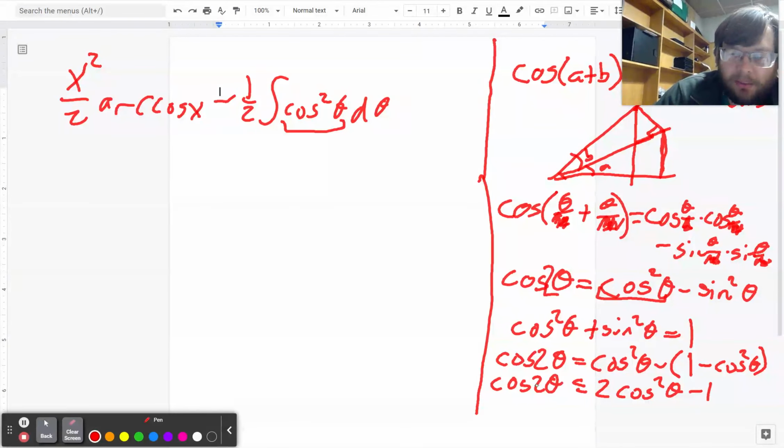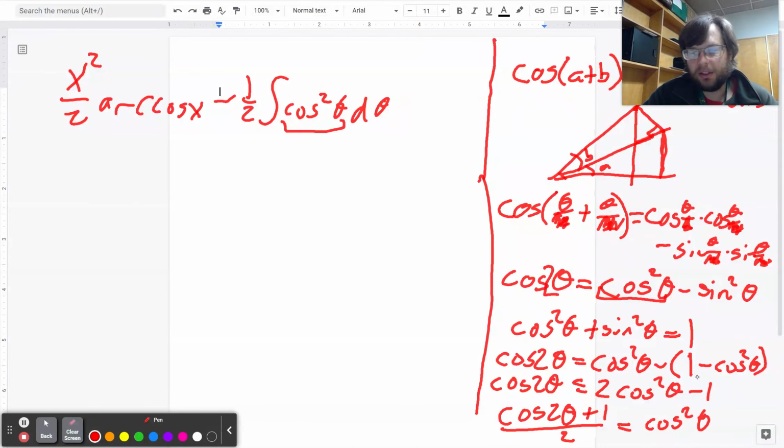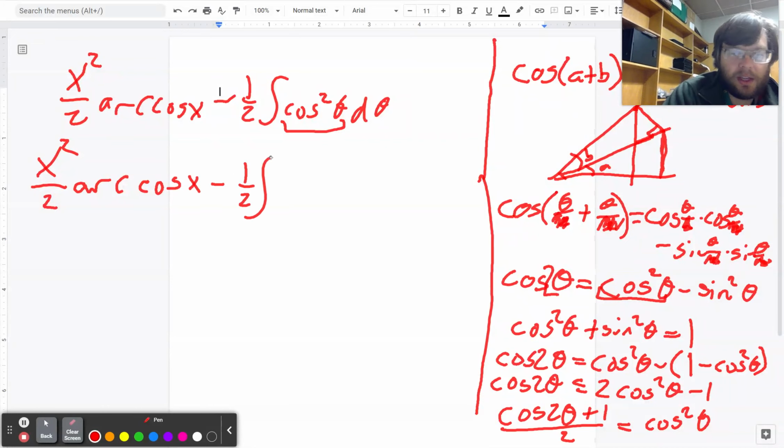So now we have a double angle formula, cosine 2 theta plus 1 divided by 2 is equal to cosine squared theta. So all that hard trigonometry work was just to get us another little substitution here. Arc cosine x minus 1/2 integral cosine 2 theta plus 1 over 2 d theta.